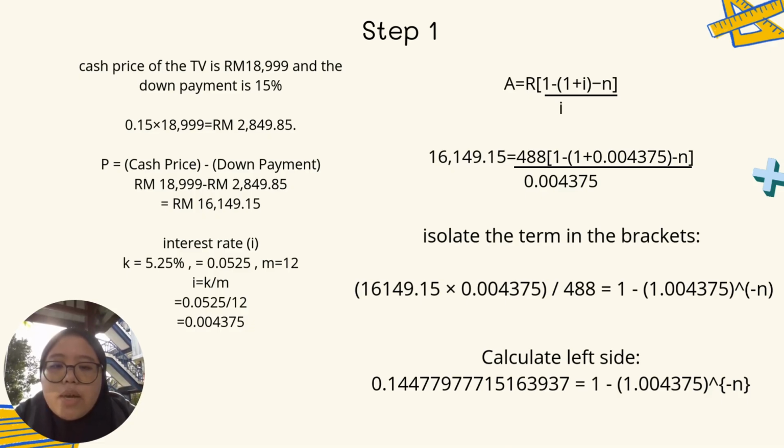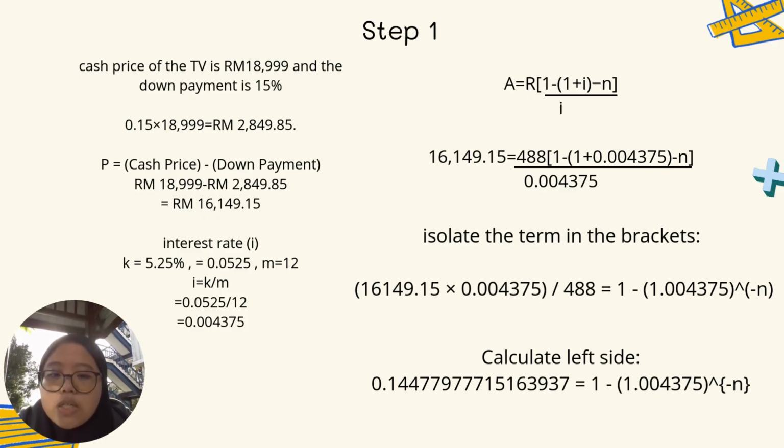The next step is to isolate the term in the brackets: (16,149.15 multiplied by 0.004375) divided by 488 equals 1 minus (1.004375) to the power of negative n. First, calculate the left side: 0.14477977715163 equals 1 minus (1.004375) to the power of negative n.